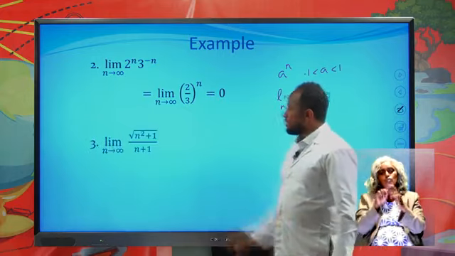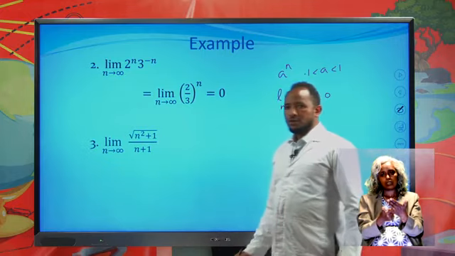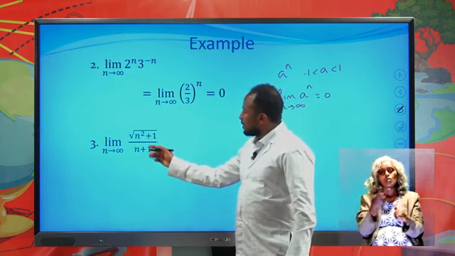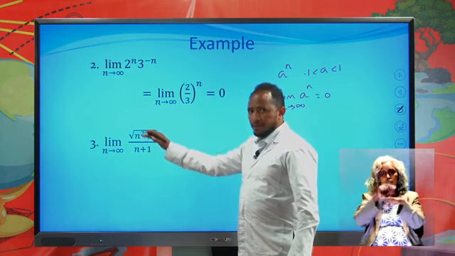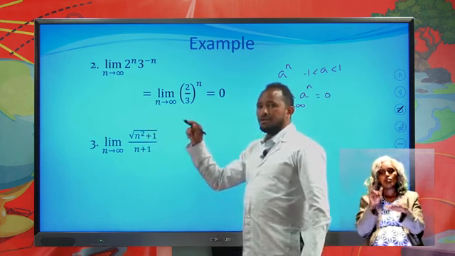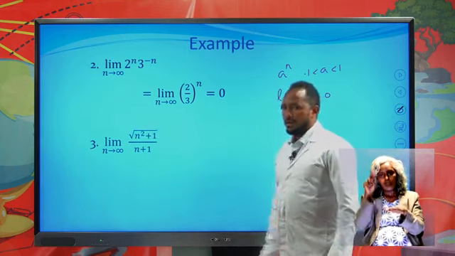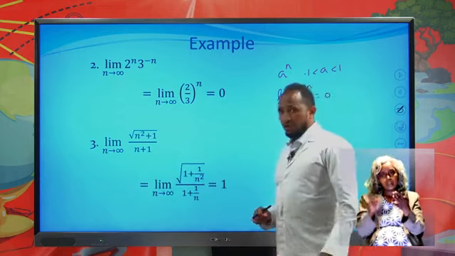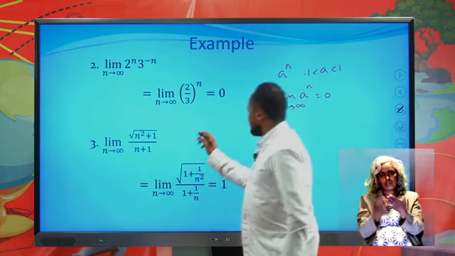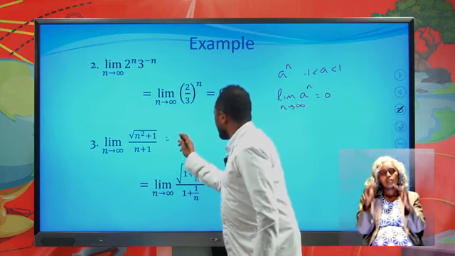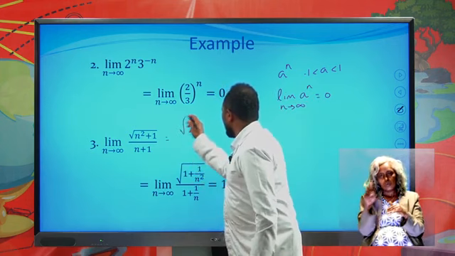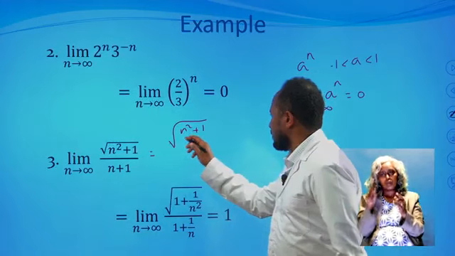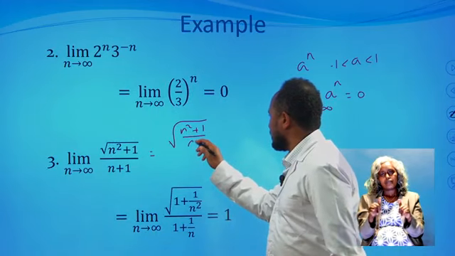To evaluate the limit of this sequence, we need to divide both the numerator and denominator by the square root of n squared. So when you divide by the square root of n squared, you get this one. This is equal to the square root of n squared plus 1 over n squared.